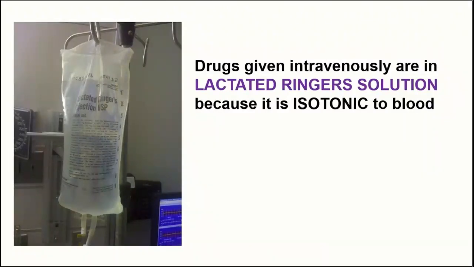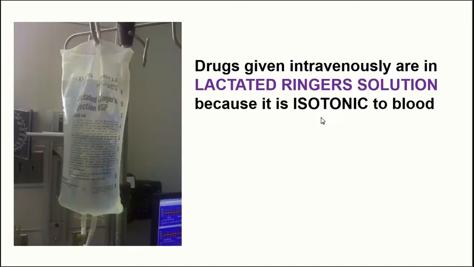Okay. So we tend to see clinically that drugs that are given intravenously, right into the veins, are usually dissolved into a solution called lactated Ringer's solution. Lactated Ringer's solution is specifically calibrated with solutes and sugars and things like that, because it is an isotonic solution to the blood that you're placing it in.